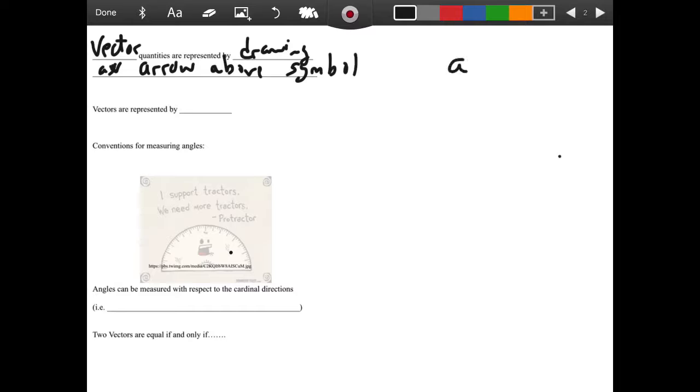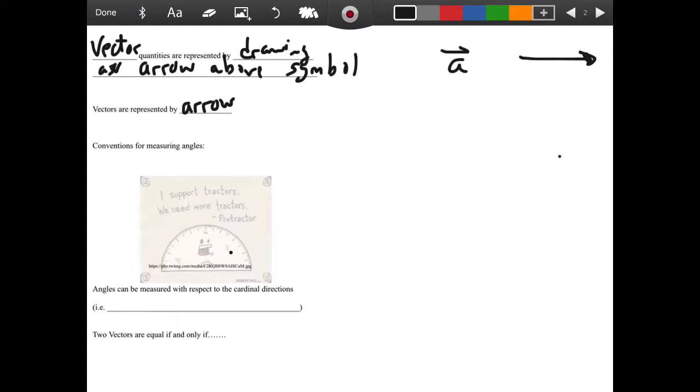So if we have acceleration, we just draw a little arrow above that to represent it. So vectors are always represented by an arrow. If you are representing a vector, you have to make sure it has an arrowhead on it. Otherwise, it is definitely not a vector.